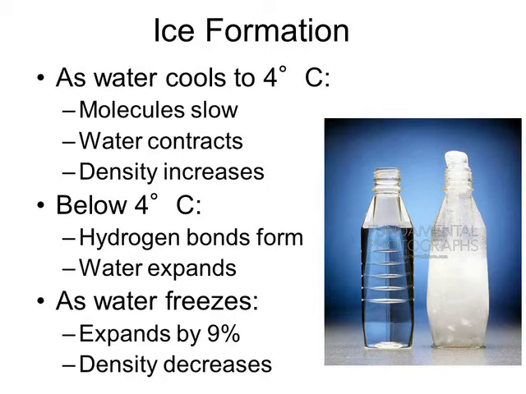So you can see the photo on the right hand side there. And your density decreases because now you have those nice crystalline structures and they're all evenly spaced apart from each other. And that loses the density that it had at 4 degrees C.